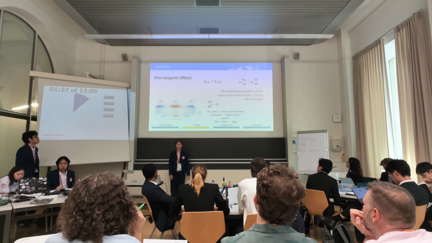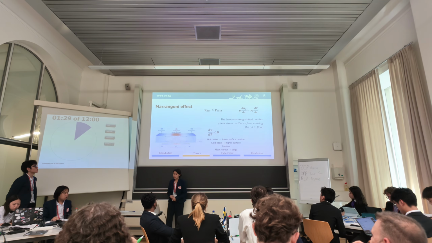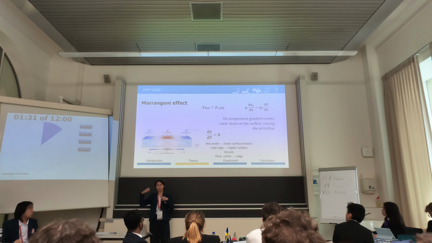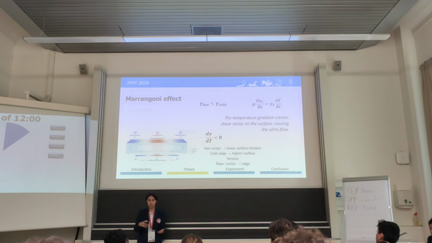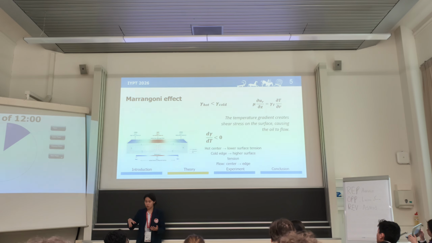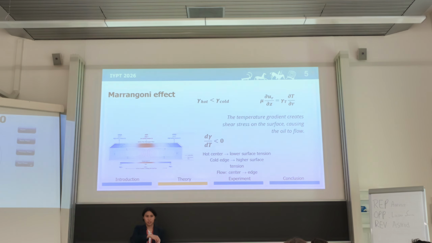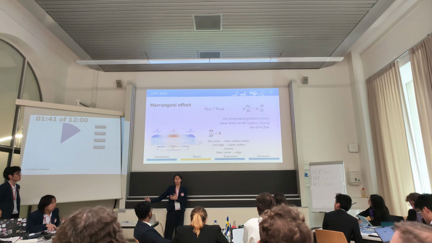As I said, the Marangoni effect is the main one. So it says that when the temperature gradient actually creates the shear stress on the surface, and this shear stress causes the oil to flow.